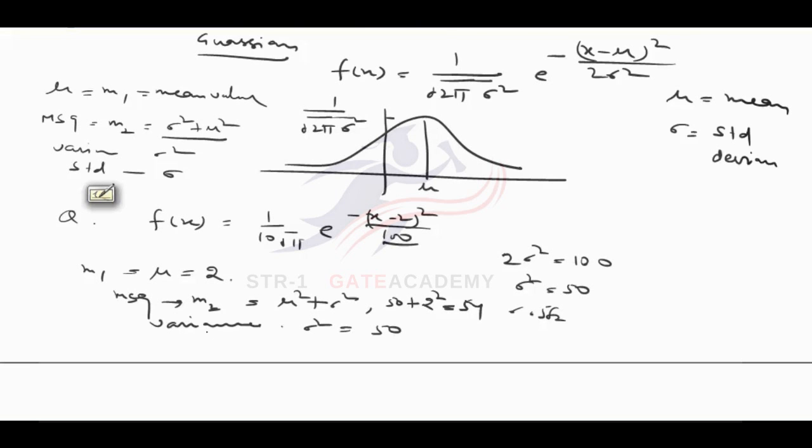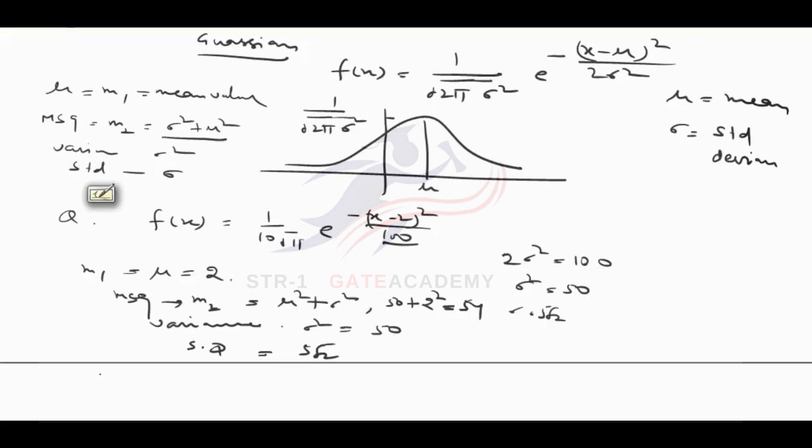And standard deviation is root of 50, which is 5 root 2. In this way we calculate the complete statistical parameters of a Gaussian pulse.